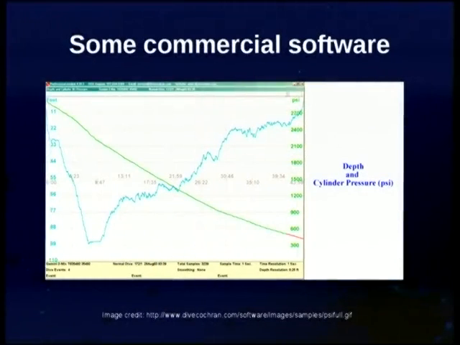And so if you look at commercial software that tries to visualize things like this, so this is a piece of amazing software from a company named Cochrane. They do tech dive computers for the military. And most of the UI really reminds you of DOS 6.2.